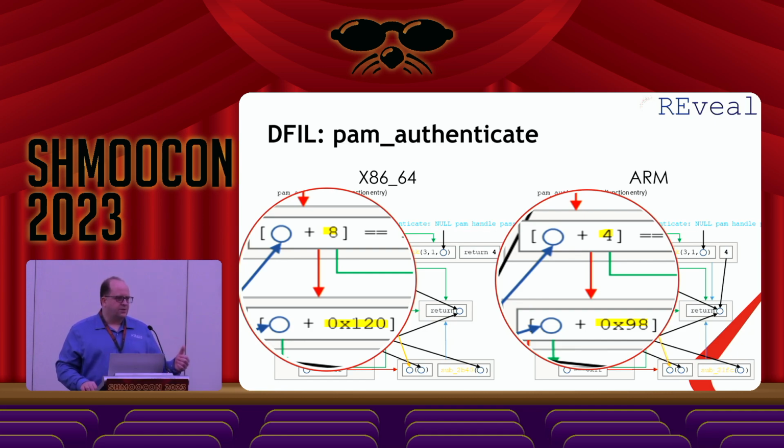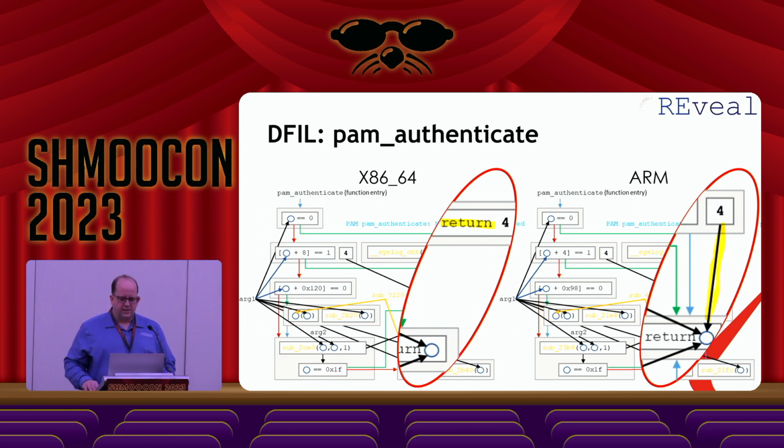The x86 version has 64-bit architecture, so 8 bytes. So this first one, the +8, is accessing the second member of that structure, whereas on ARM, it's 4 bytes off because it's 32-bit. And similar for the other offset. It's almost twice the offset of the other one.